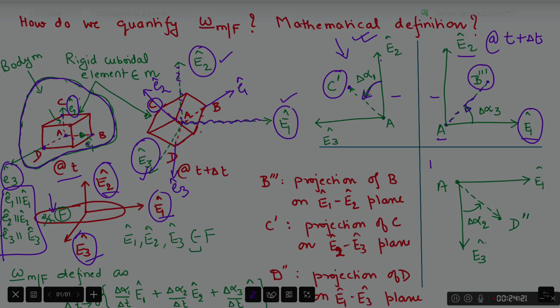Finally, I go to the plane of A, E1 and E3, and on this plane I identify the projection of point D at this current time instant, and I call that projected point D double prime. I connect A to D double prime and call this small angle delta alpha 2. Delta alpha 2 is the angle AD double prime is making with the E3 direction. All these descriptions I have included here also.